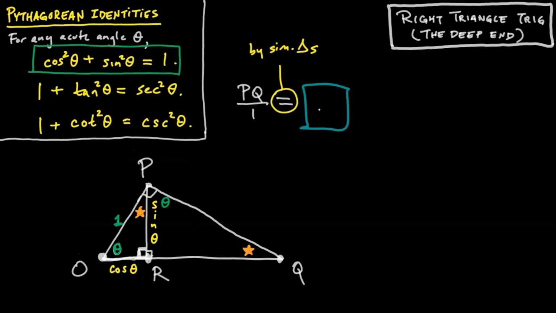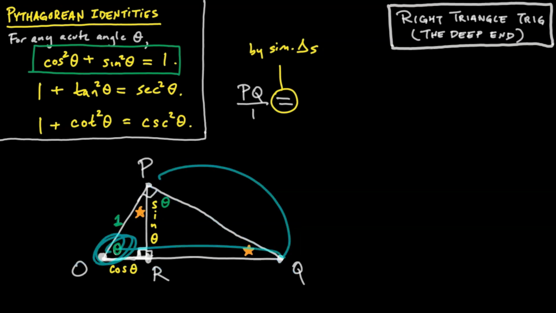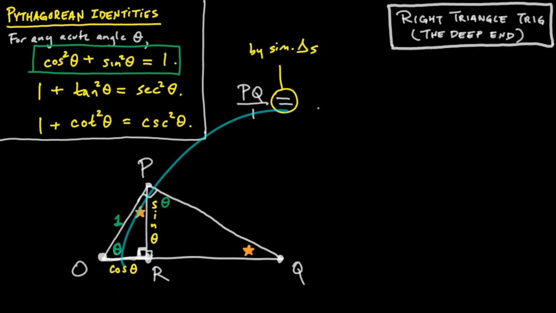Well, what is the corresponding ratio over there? Well, let's think about what PQ to 1 represents on the big triangle. PQ is the side opposite theta, and 1 is the side adjacent to theta. So I want that same ratio on my original triangle, where the side opposite theta is sine, and the leg adjacent to theta is cosine. So this is going to be equal to sine theta over cosine theta.